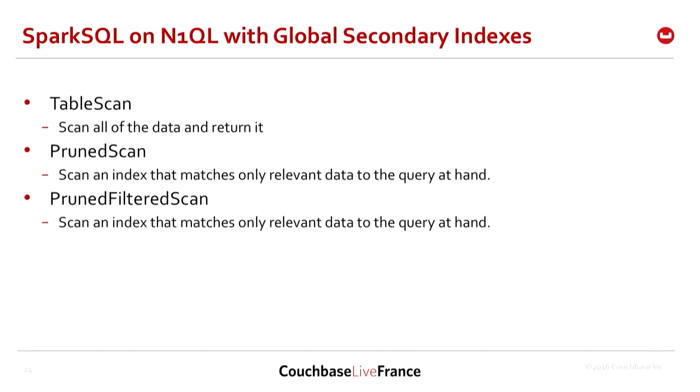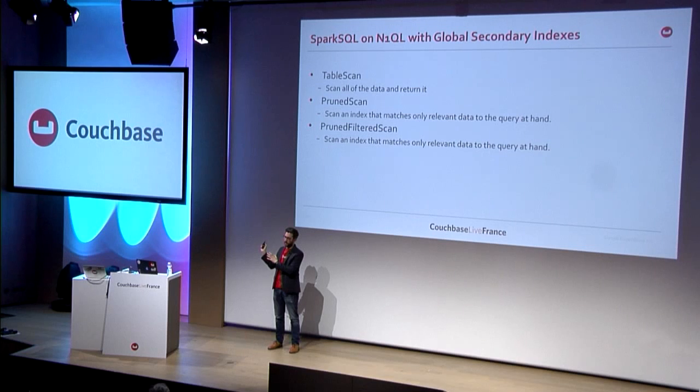A prune scan, which is the next level, lets me say, from a Couchbase perspective, get me every document, but only give me a subset of the content. From a rows and columns perspective, this would be drop these columns before you pass all the rows back to me. So still all of the data, but slicing off columns we're not interested in.